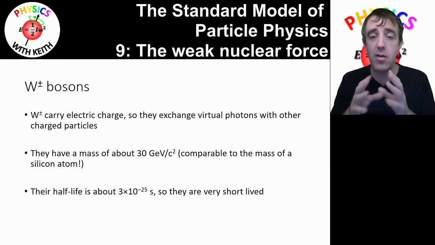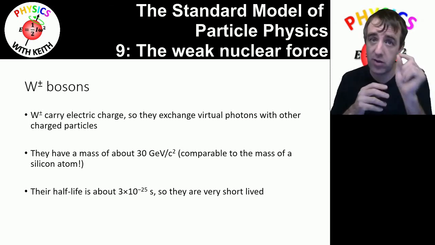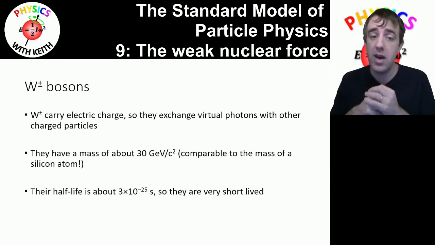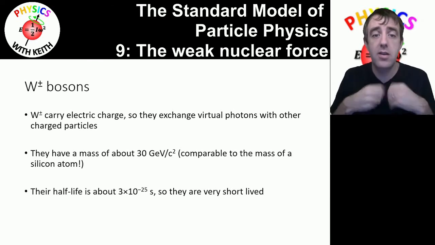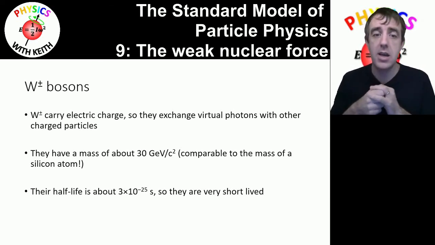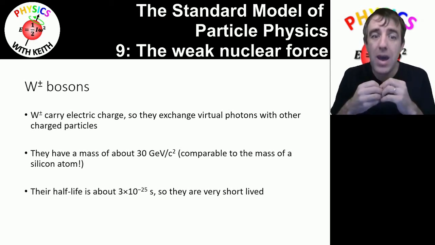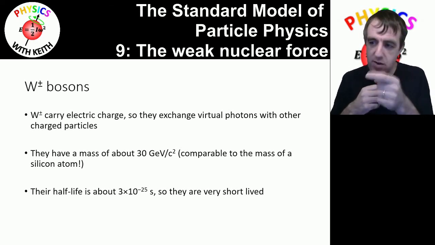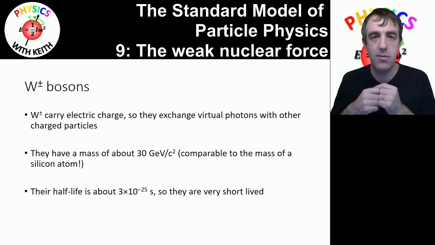They do not have a very long range at all because they've got such a small half-life. But that means that they can have tremendous mass. They can be very energetic. The universe can lend 30 giga-electron-volts per c squared, as long as it gets it back in time. And it's a very small amount of time that they live for.